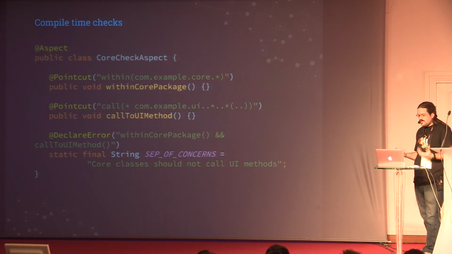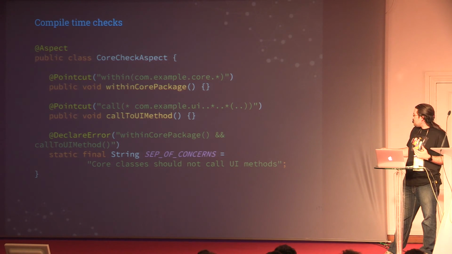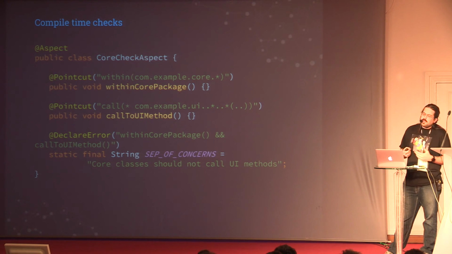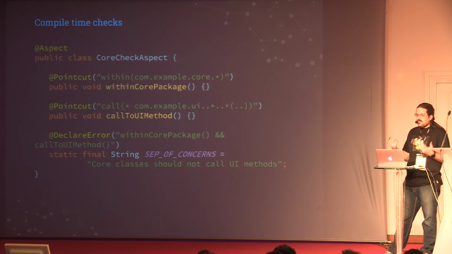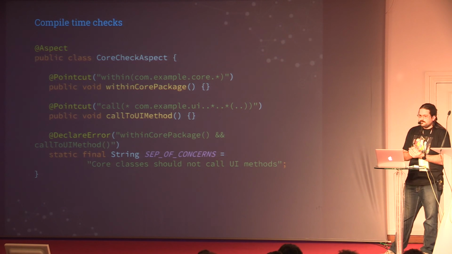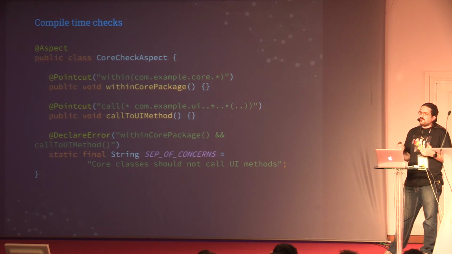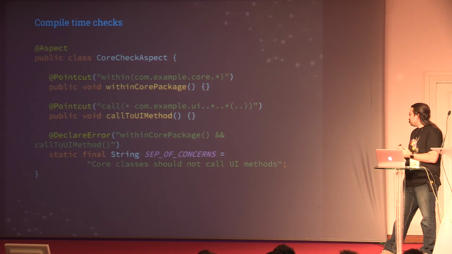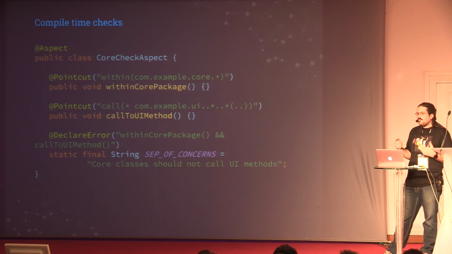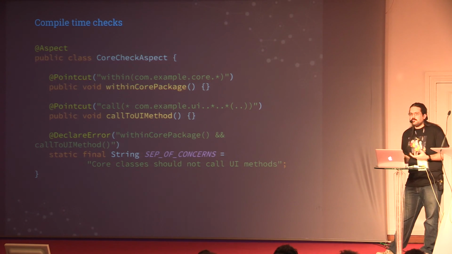So for example, if you want separation of concerns, you just combine those and use declare error, and then automatically at compile time you will get the error, the little red wiggly lines where this pointcut is valid. You also have declare warning if you have just warnings. But basically, you can find and target specific patterns and make them errors.